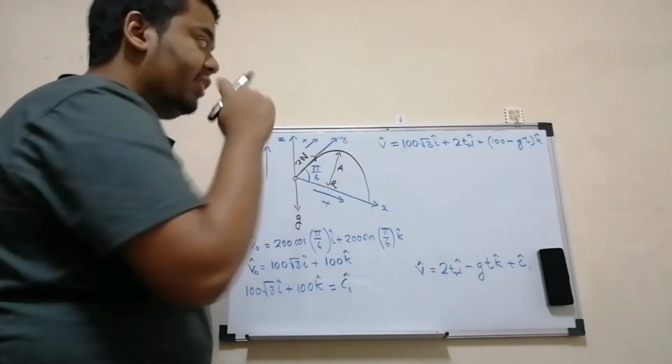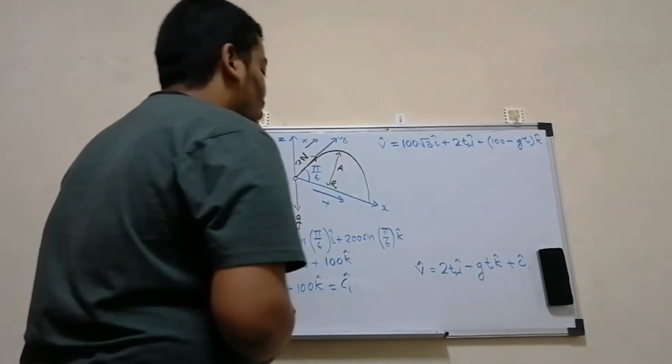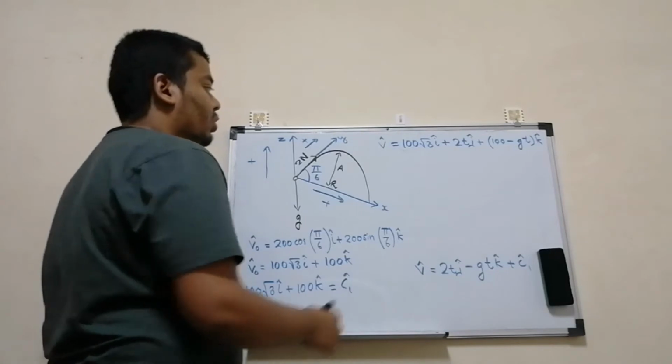So let's go ahead, and we need the position vector. Now we have the complete velocity vector, so I'll find the position vector. The position vector is actually the integration of the velocity vector.